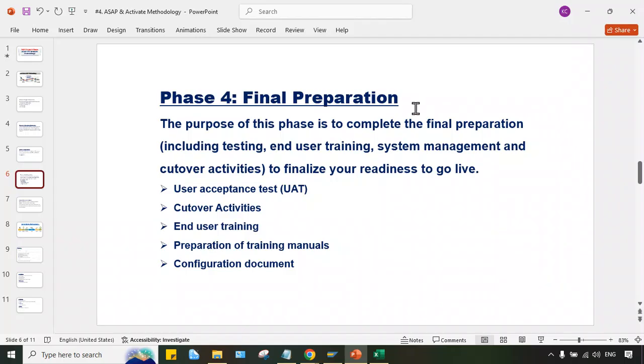Whenever the contract sign-off happens, let's suppose this implementation is done by IBM at Tata Motors. There will be a contract signed by both parties, Tata Motors and IBM.